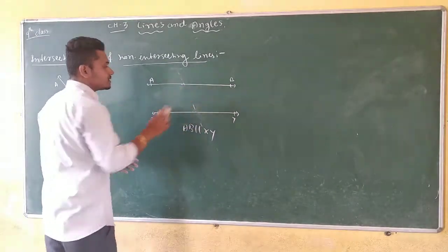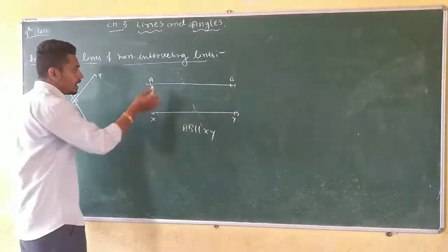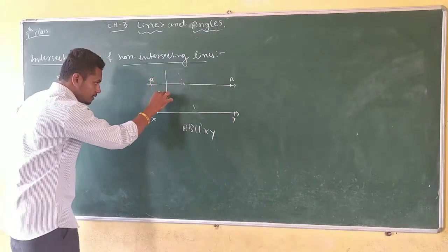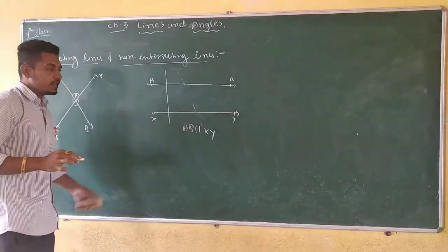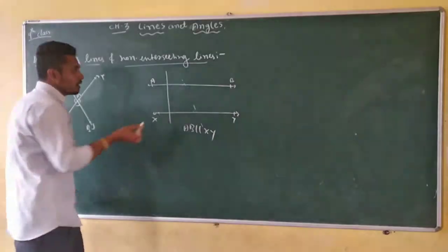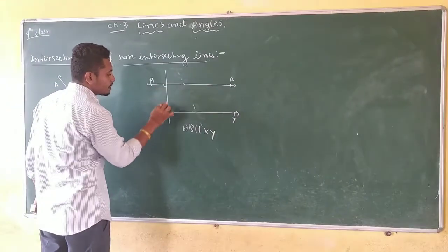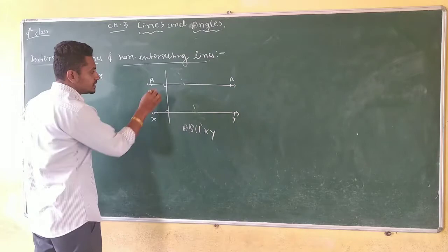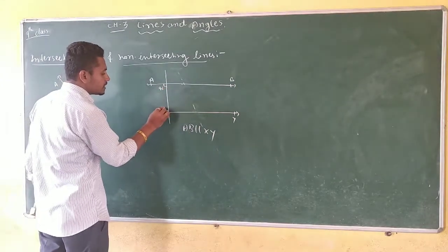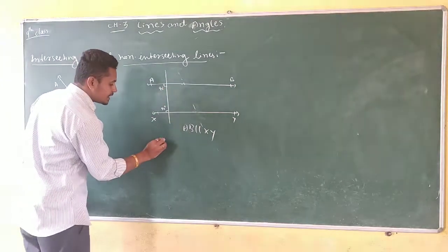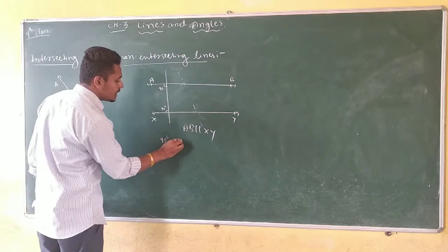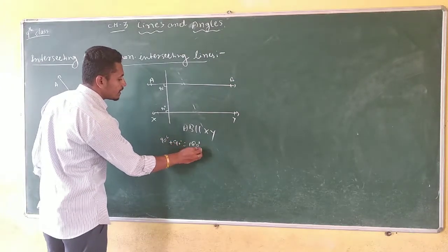So see here, these are two straight lines, and now one line is falling exactly straight on these two lines. Now these interior angles are 90 degrees each. So 90 degrees plus 90 degrees is equal to 180 degrees.